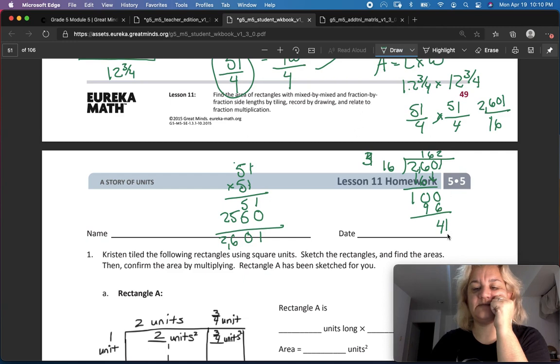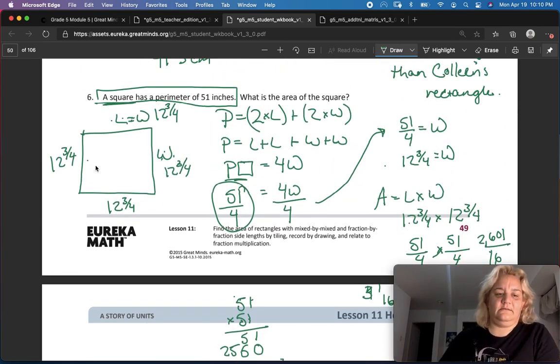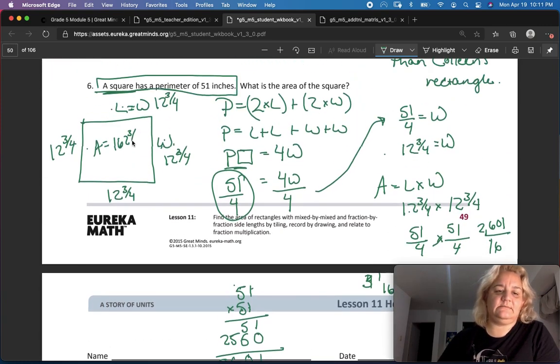So 16 times 2 is 32... carry the 1, and that's 38. And then I've got 3 left over. So 162 and 3/16 is my area. Area equals 162 and 3/16. And it's inches cubed.